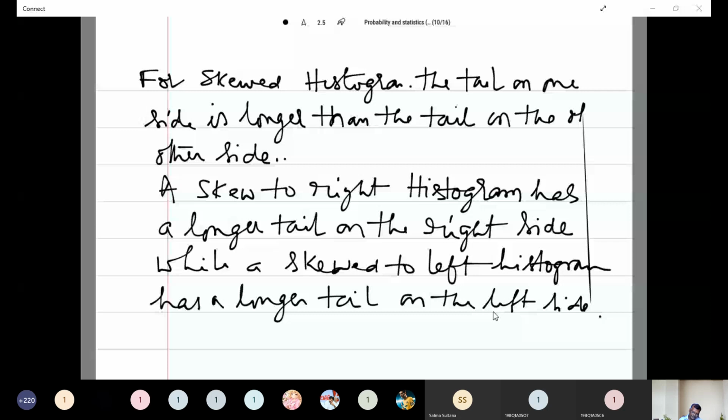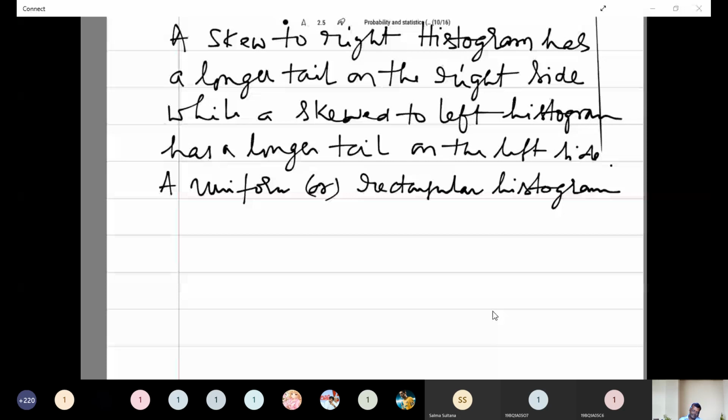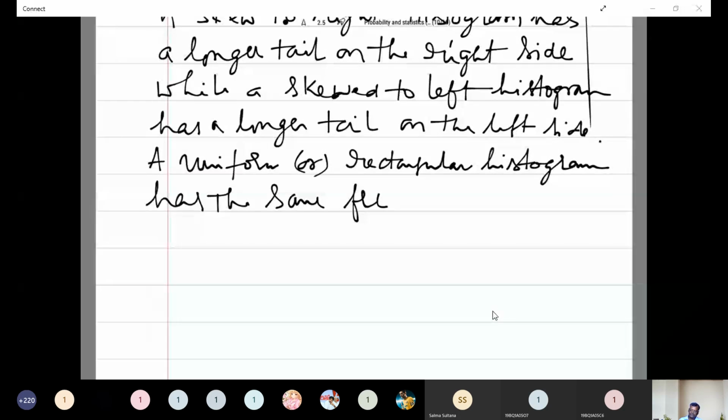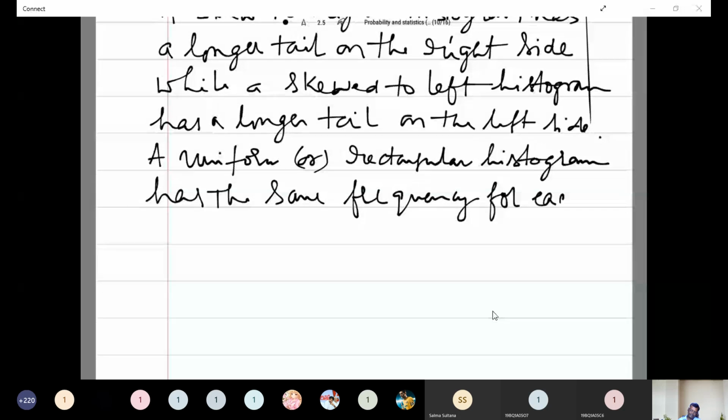A uniform or rectangular histogram has the same frequency for each class. This is regarding the histogram.